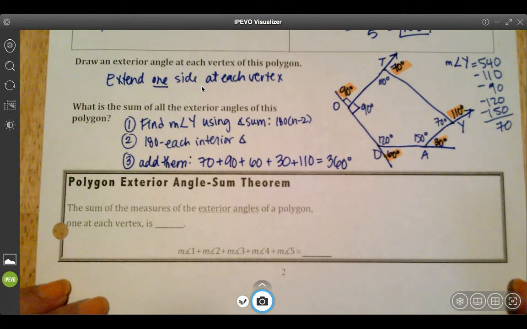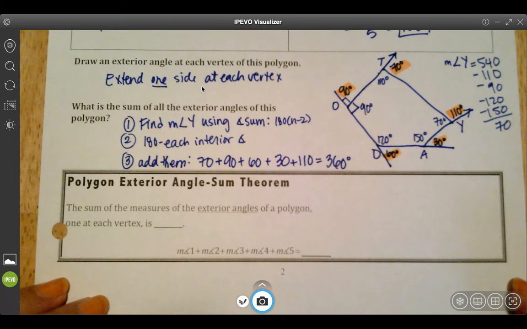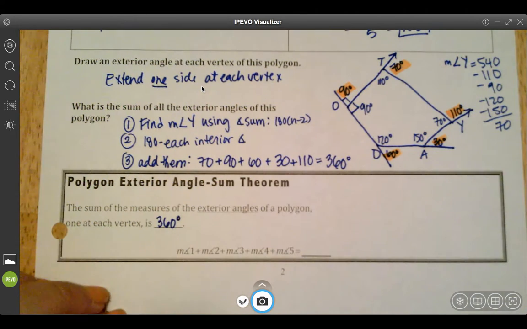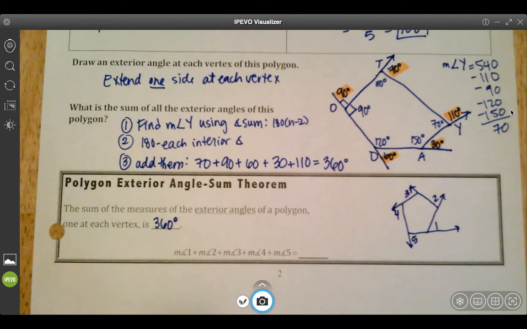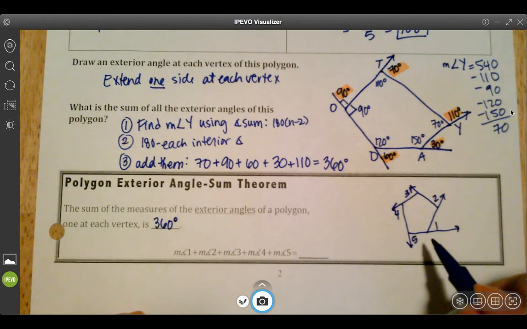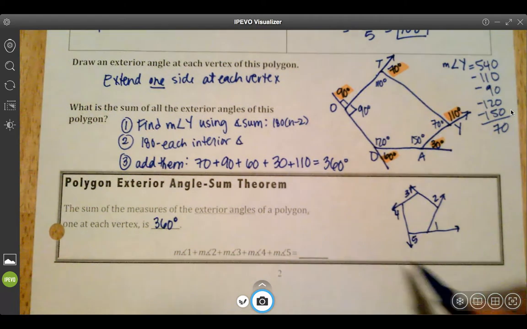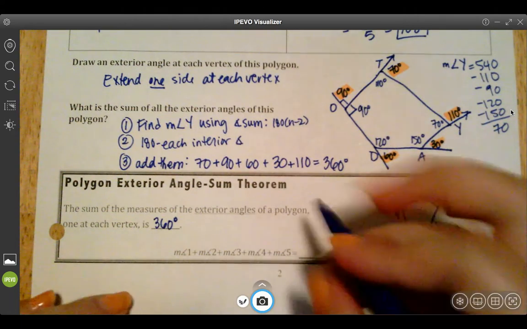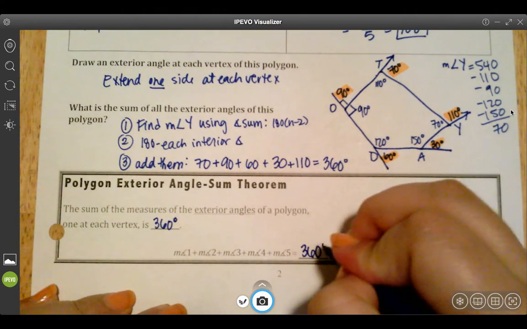The sum of the measures of the exterior angles of a polygon, one at each vertex, is 360 degrees. It doesn't have to be a pentagon, it could be any polygon, 6-sided, 7-sided, 200-sided. The exterior angles will always add up to 360 degrees.